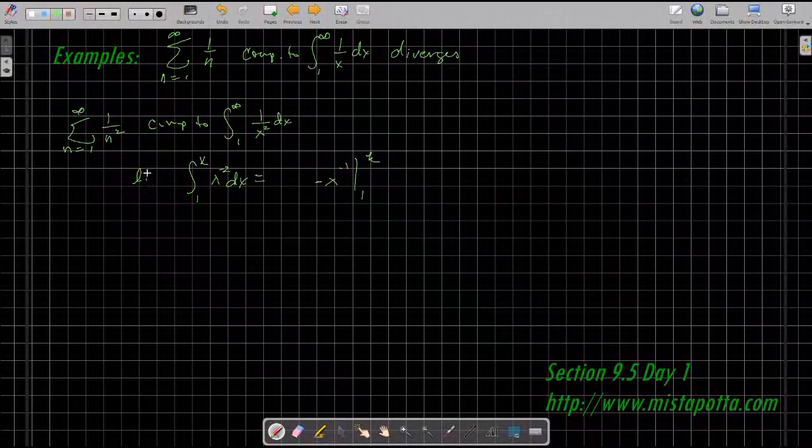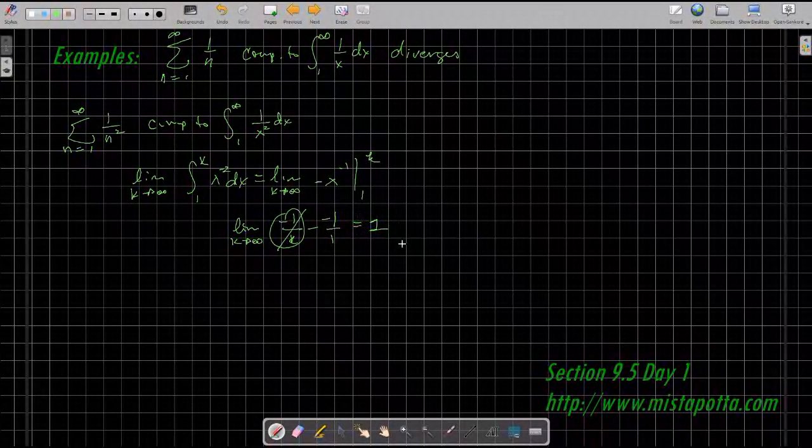Of course, I'm interested in what's happening as k increases without bound. And so what I end up with is negative 1 over k minus negative 1 over 1. And as k goes to infinity, this term here actually goes to 0. And so this limit comes out to 1.